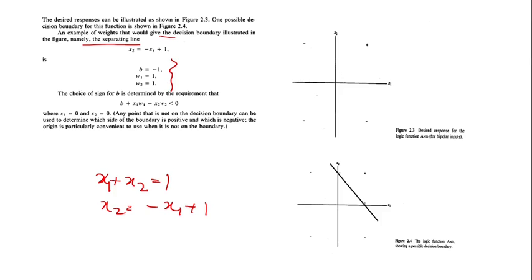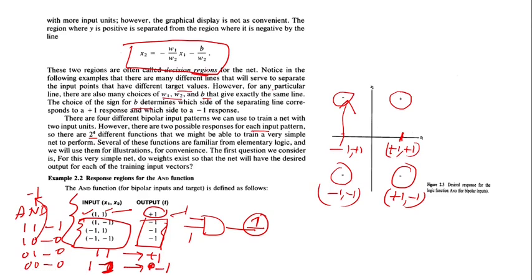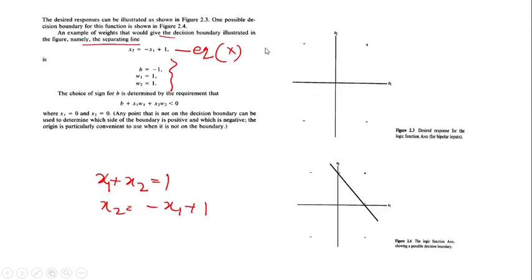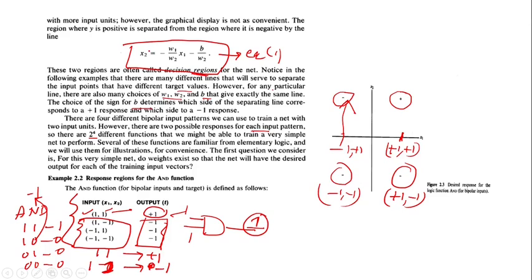Let's call this equation X and compare it with equation 1. Then minus B equals minus 1, so B equals 1.